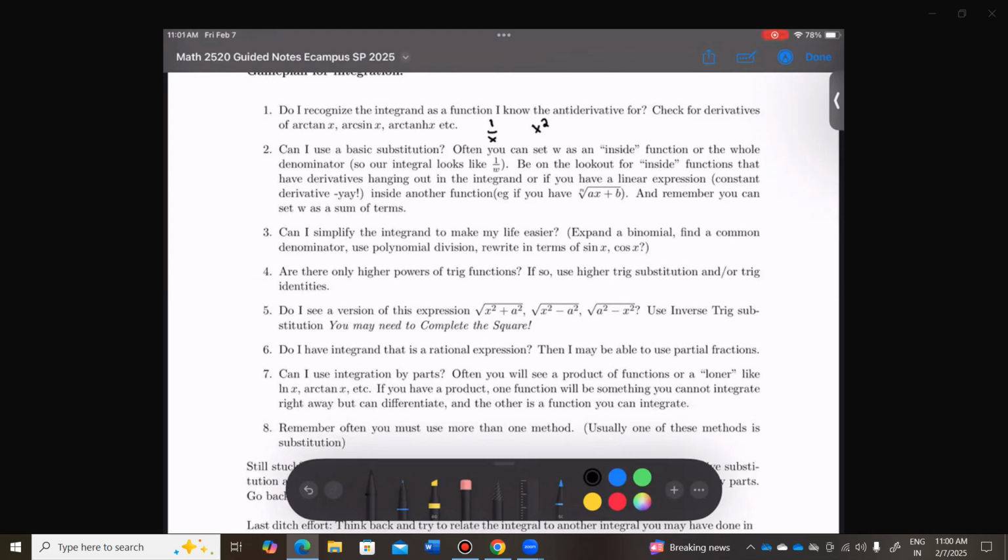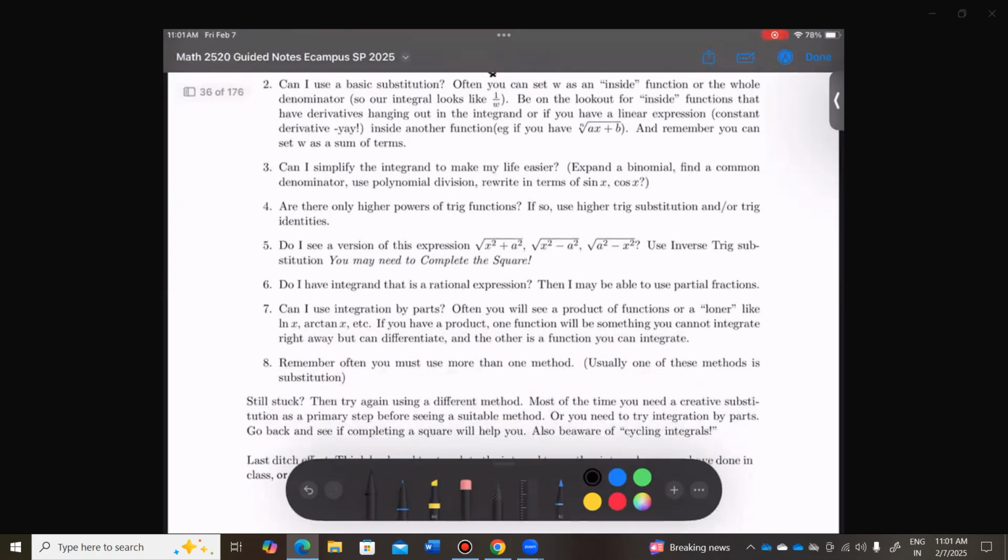Third, is there any way to simplify the integrand so it simplifies down to something that's easier? That may mean expanding the binomial, or finding a common denominator, or even dividing the polynomial down, or rewriting in sines and cosines.